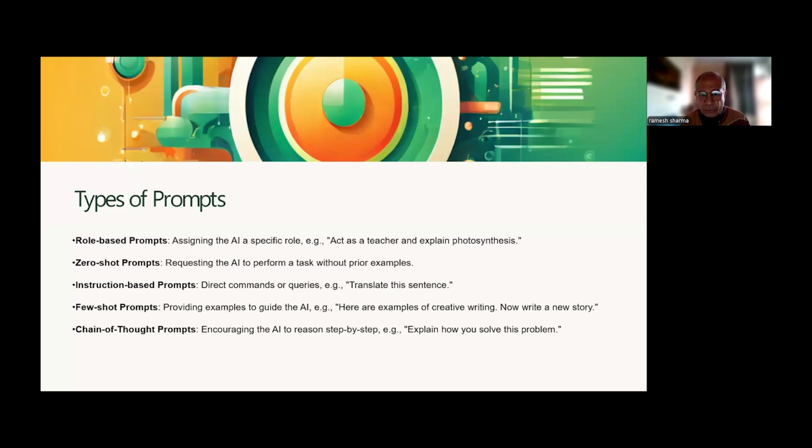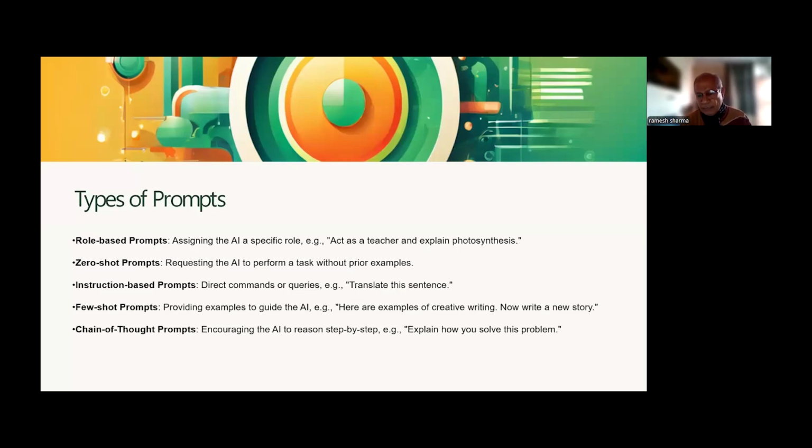As we have zero shot, where there is no example given, in few shot prompt, we give some examples to the AI, that here are some examples of creative writing, and now you write a new story. And then chain of thought, in which we ask for reasoning from the system, like, how did you solve this problem?